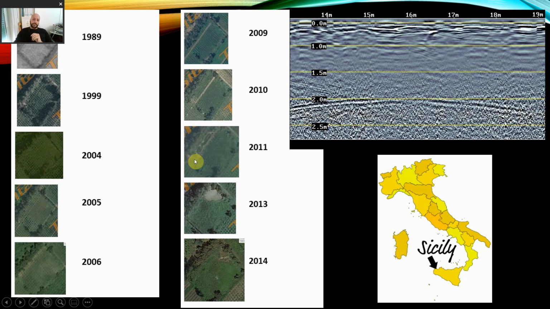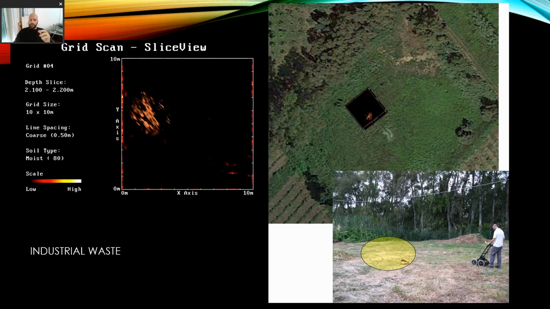and also the satellite images showed something strange happened in 2013 in this area. So later the GPR was collected and confirmed the presence of something. Okay, so the satellite images and the GPR confirm the presence, and this is the map of the GPR, the presence of industrial waste in this area.